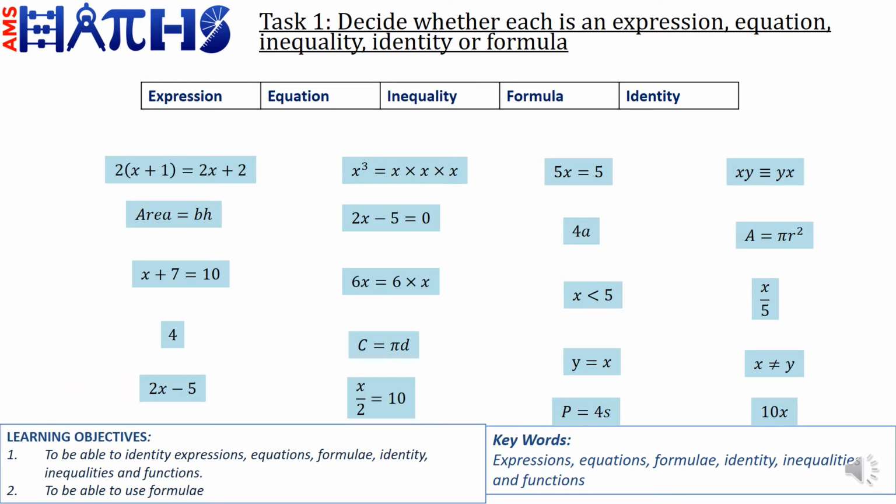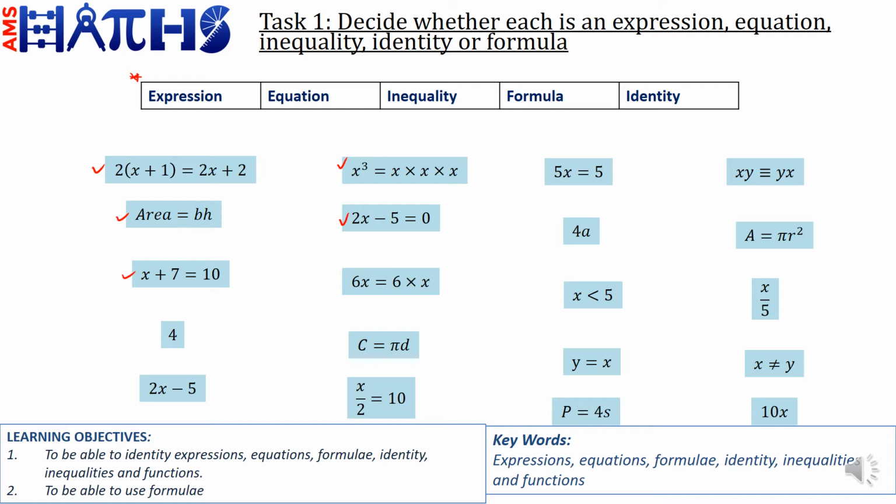Now here's your first task. I would like you to decide whether each of these questions in the blue boxes is an expression, equation, inequality, identity, or a formula. So you're going to do a heading in your book with these titles, and then below the titles you can write down each of the questions in the correct column.